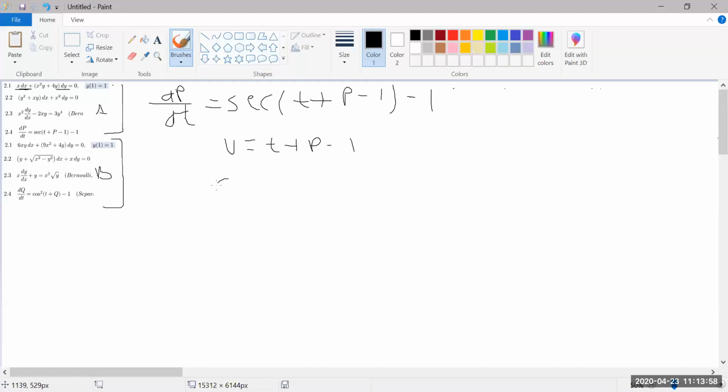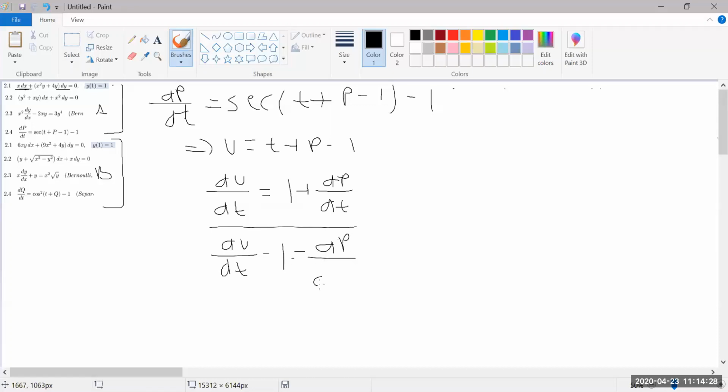That means our du/dt equals 1 plus dp/dt. All I did was take the derivative of all these terms with respect to t. Now we can start substituting. So this also means that du/dt minus 1 equals our dp/dt.